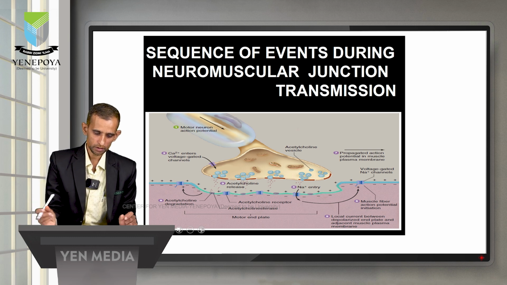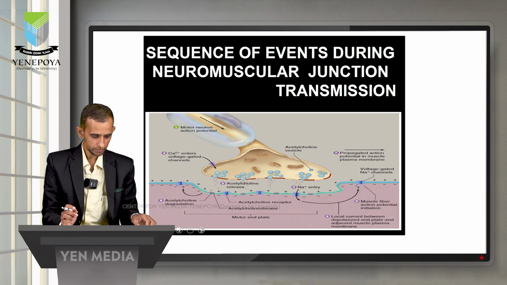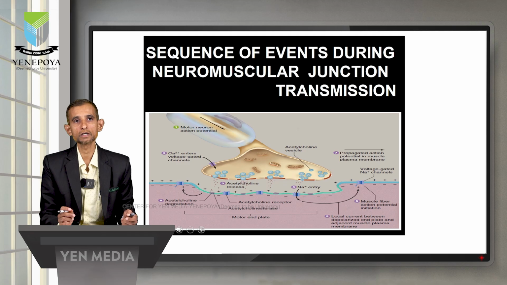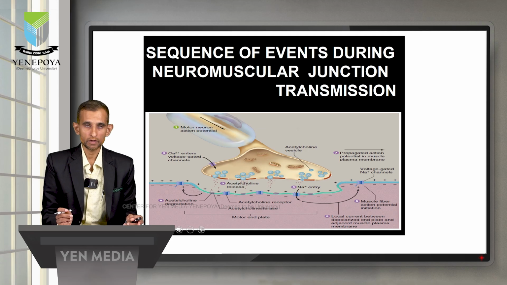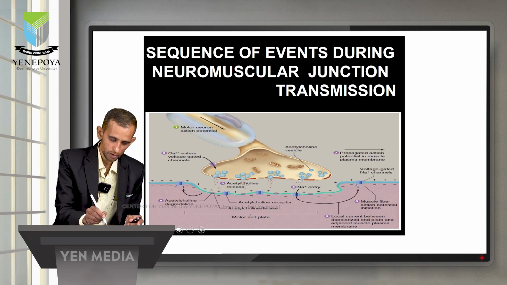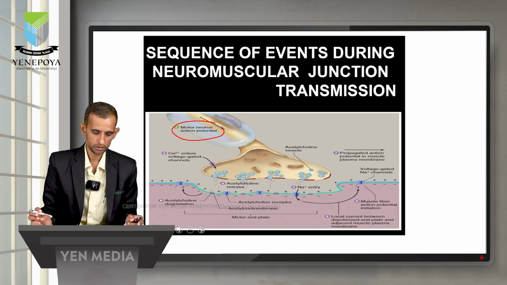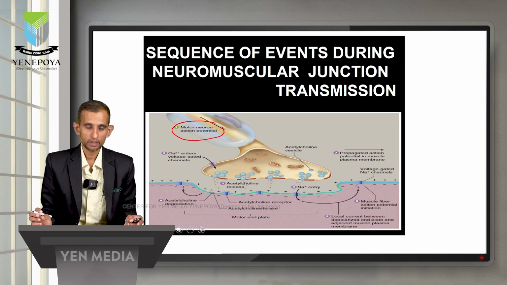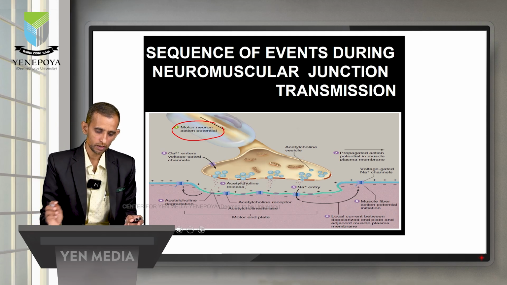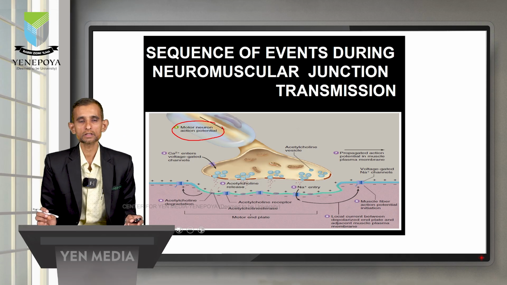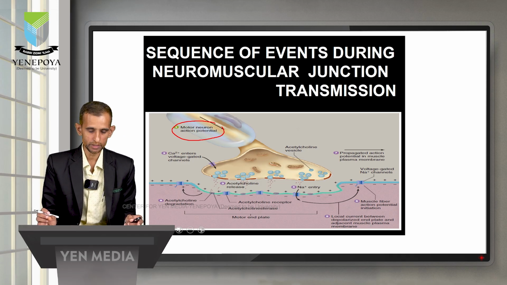You can see here that when the impulse, in the form of an action potential, reaches the motor neuron terminal, depolarization takes place.